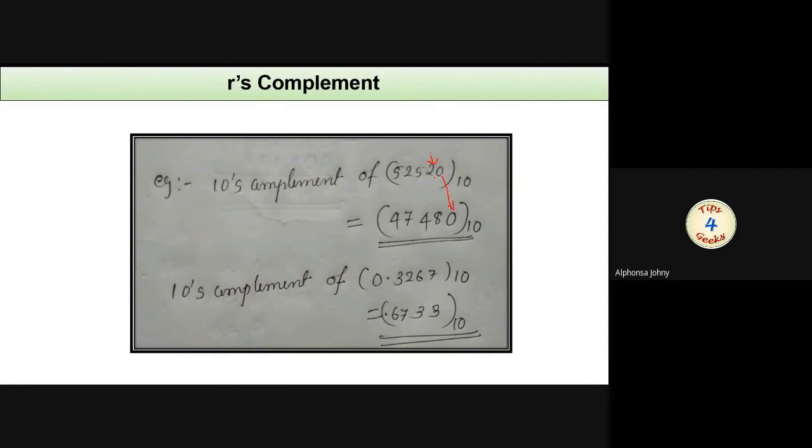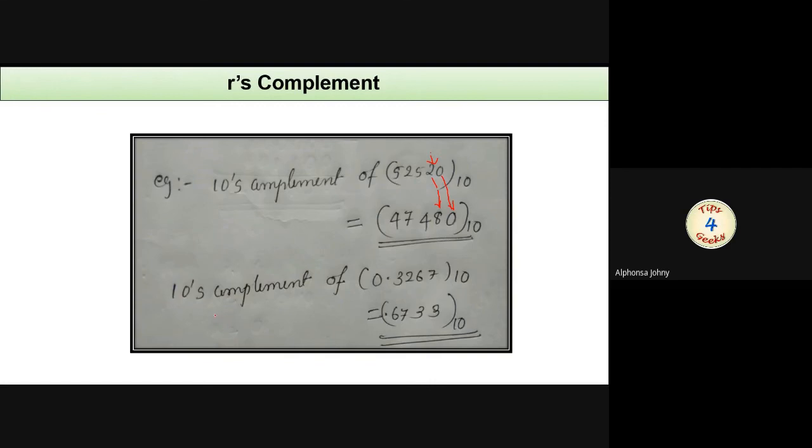Then the first non-zero digit is subtracted from 10. So 10 minus 2, the answer is 8. Then all other digits must be subtracted from 9. So 9 minus 5, the answer is 4. 9 minus 2, the answer is 7. 9 minus 5, the answer is 4. So we got the same result as we computed using the equation method.